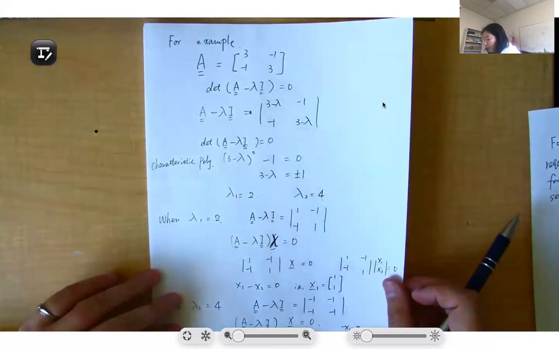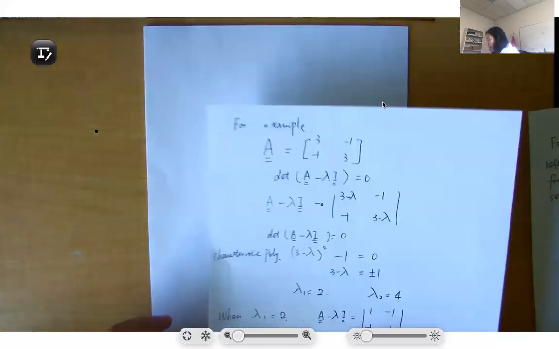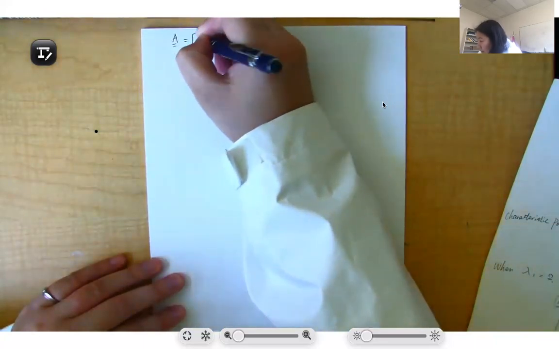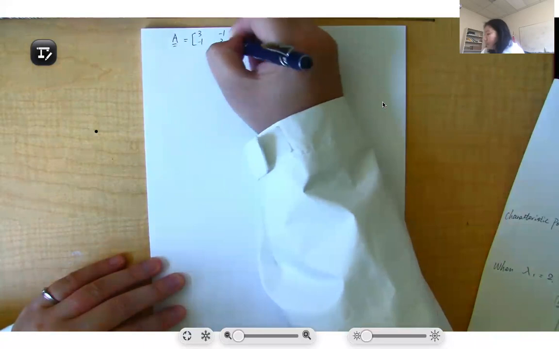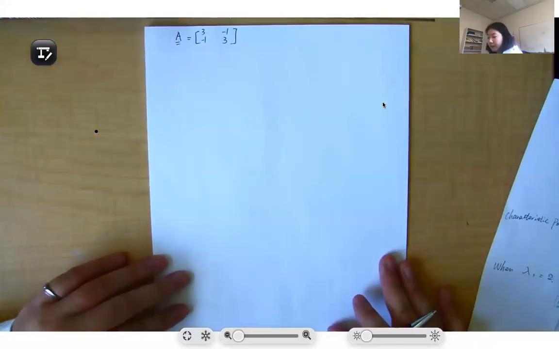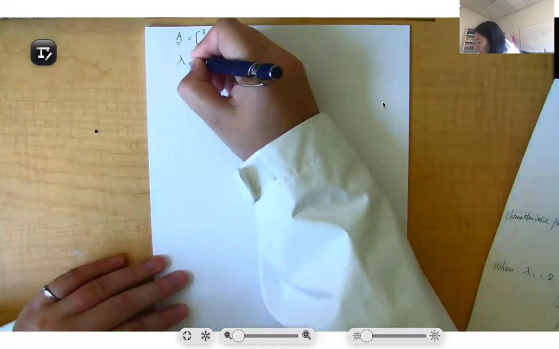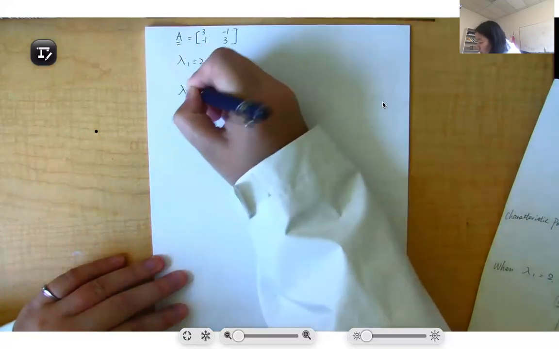And one more thing I want to highlight is that for the system A, you have [3, -1; -1, 3]. This is a 2D matrix, the system. You have eigenvalues lambda 1 equals 2 and lambda 2 equals 4.